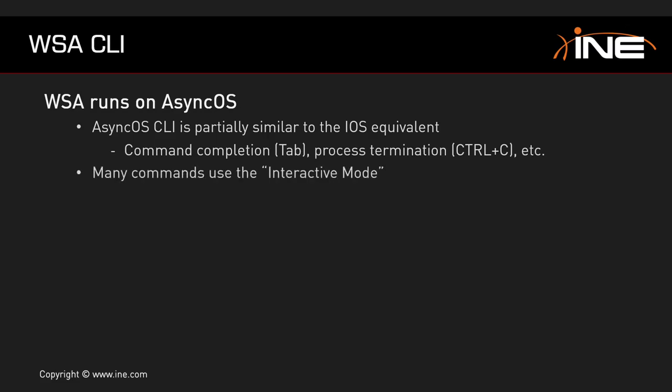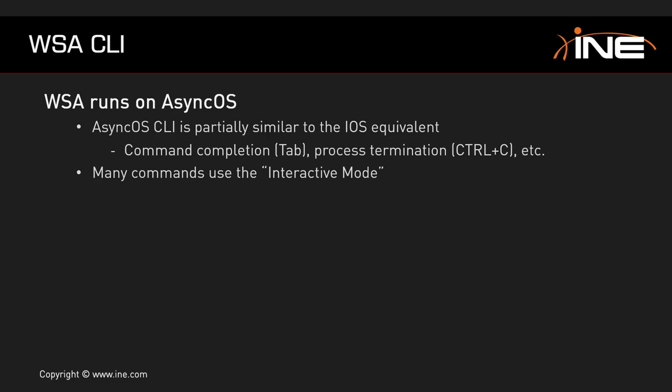Now, what is going to change is the way of providing keywords or arguments to the main command syntax. What we used to do on IOS was to issue a command and specify a bunch of arguments. For example, show was the command and ip route were the arguments.